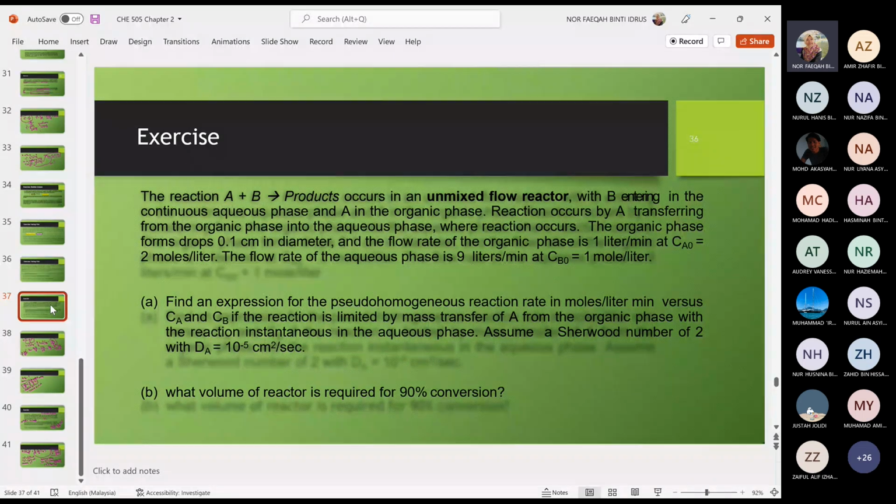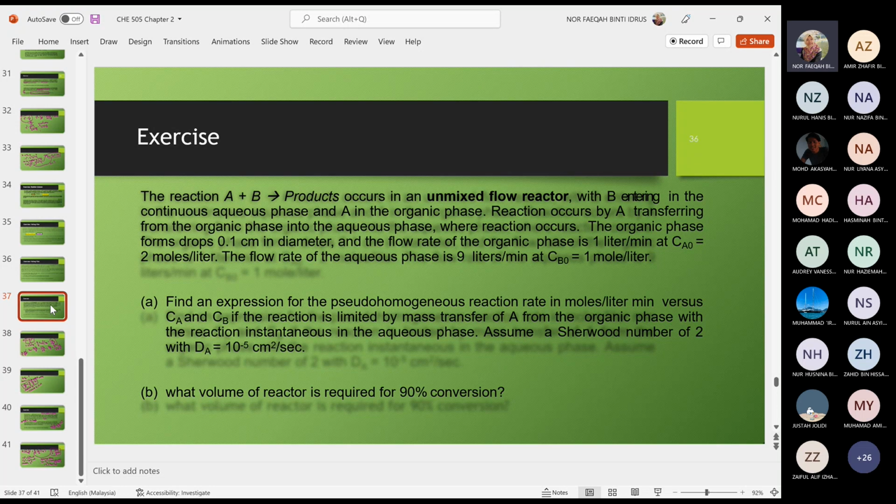So usually we will have three assumption when the reaction involve multi-phase reaction. So again, model as apa? Model as PFR or CSTR. The first assumption. The second assumption, reaction is limiting by reaction ke ataupun mass transfer of apa?